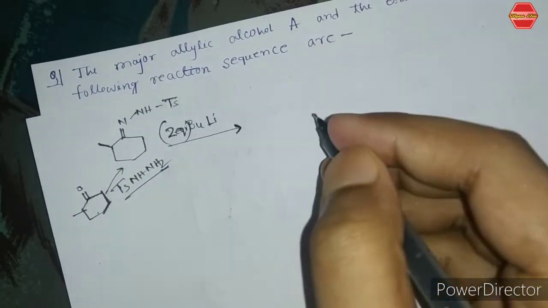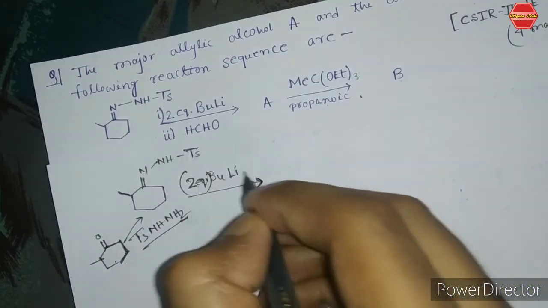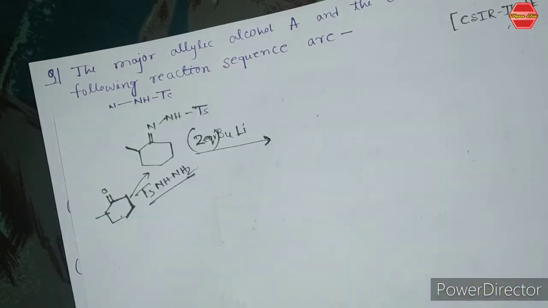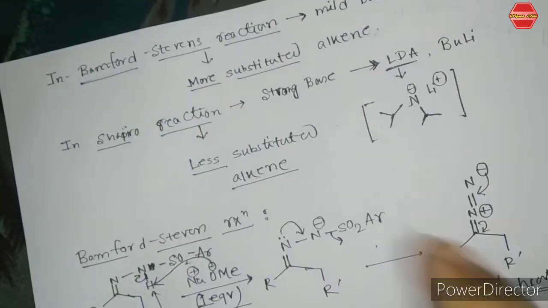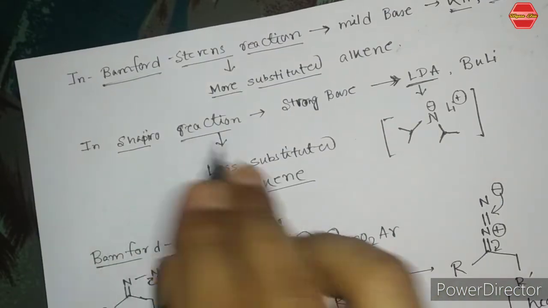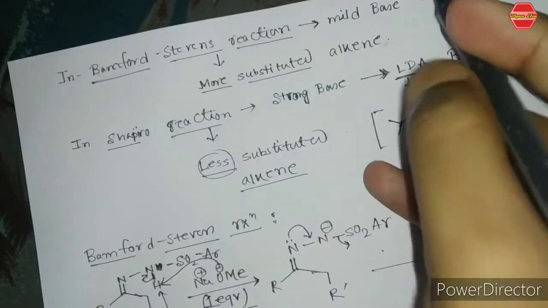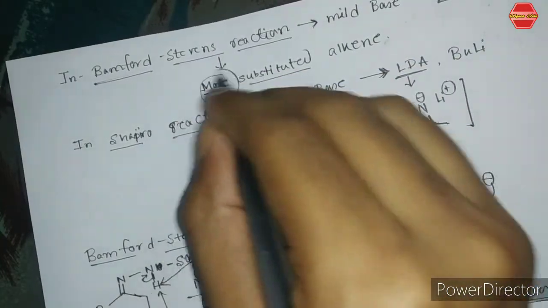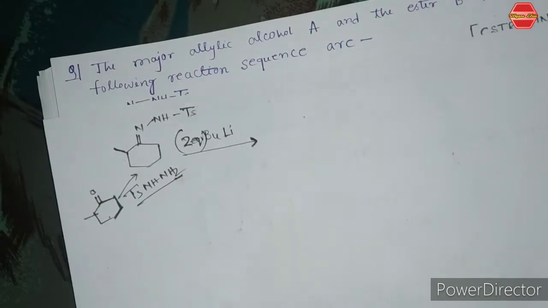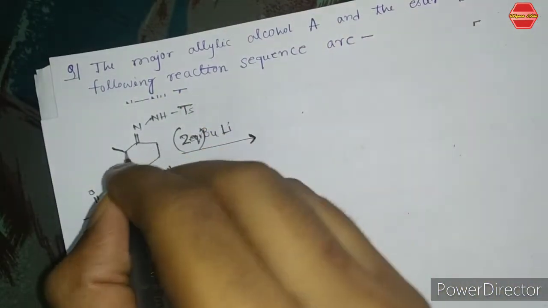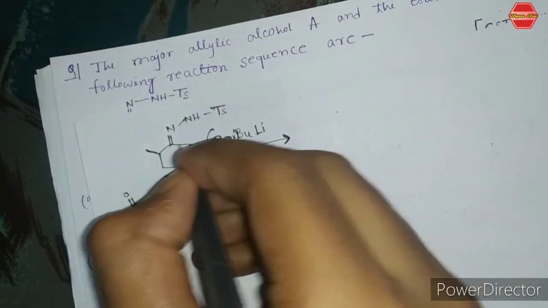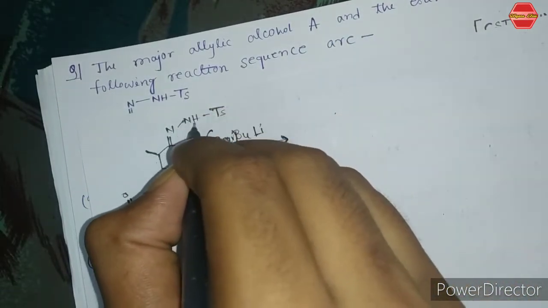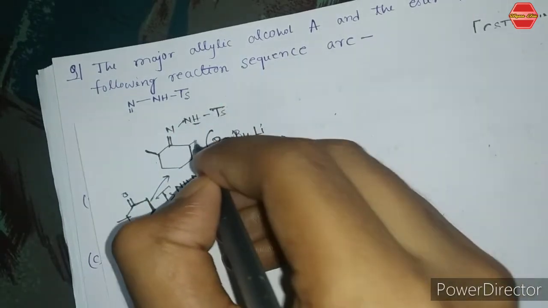Now let's come to the question. Then 2 equivalents of butyl lithium are used, and I already said that the Shapiro reaction gives the less substituted alkene, while the Bamford-Stevens reaction always gives the more substituted. Now 2 equivalents are given. There are 3 acidic protons: one on the nitrogen, and these two hydrogens are also acidic.